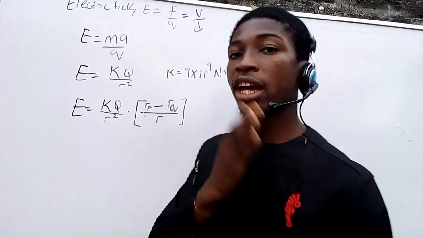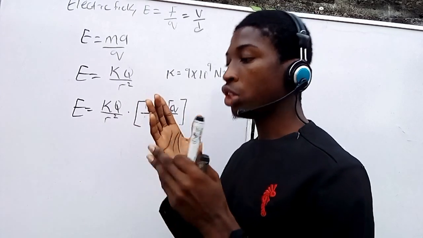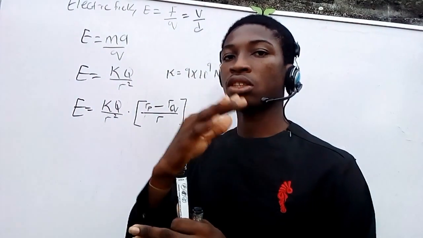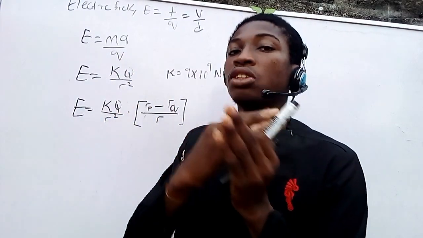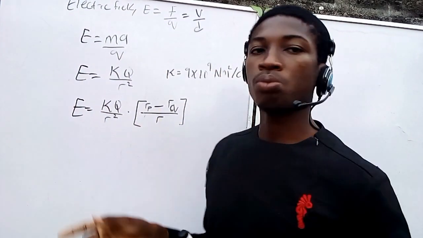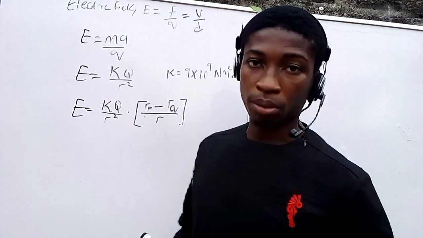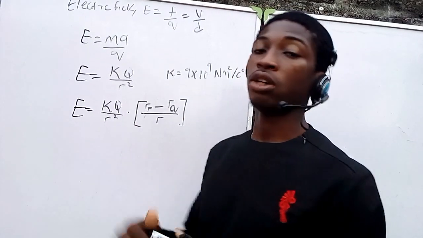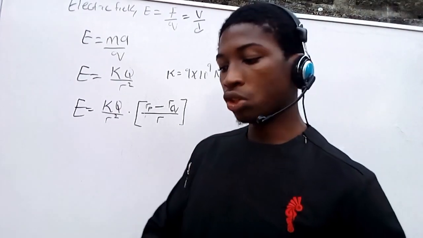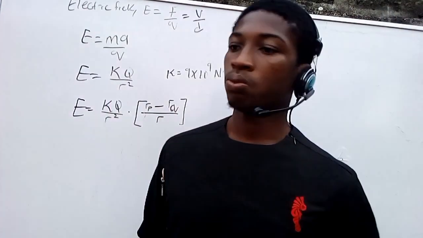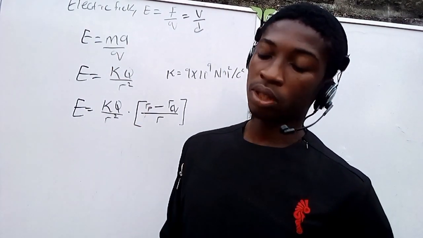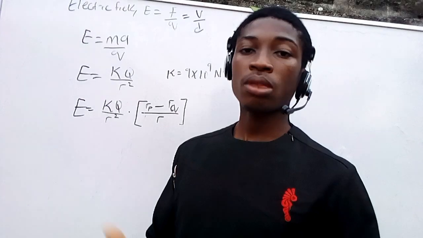Remember, if it's on the xy plane and the charge is on a different axis from point P, let's say the charge Q is on the y-axis while the point P is on the x-axis or vice versa, the resultant distance will make use of Pythagoras theorem, because they are on two different axes. If they are on the same axis, we don't make use of Pythagoras theorem. We just calculate the distance between where the point Q is and the point P is on that axis.